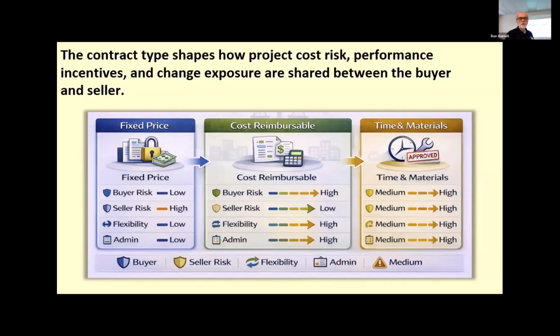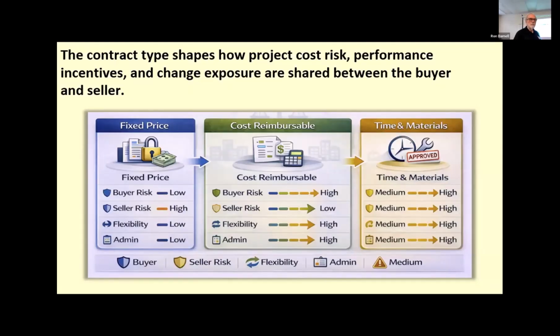This matters because different projects need different contractual arrangements. In some situations, the buyer, the project, wants stronger price predictability and tighter definition of deliverables. In other situations, the work is more uncertain, the scope may evolve, or the buyer needs greater flexibility, and the contract type should fit those conditions rather than simply follow habit or preference.